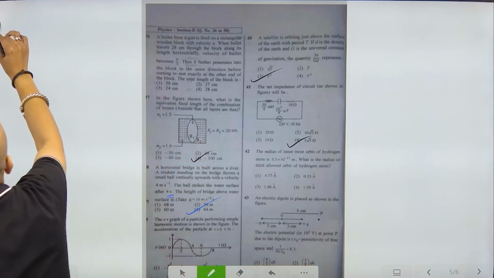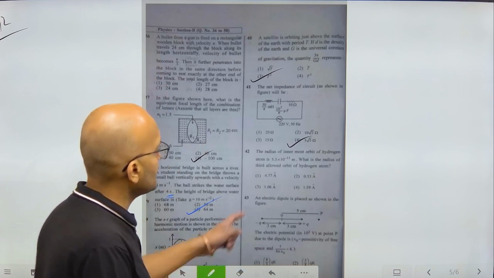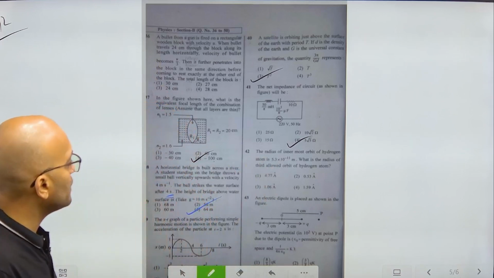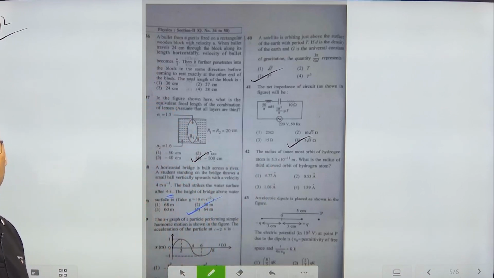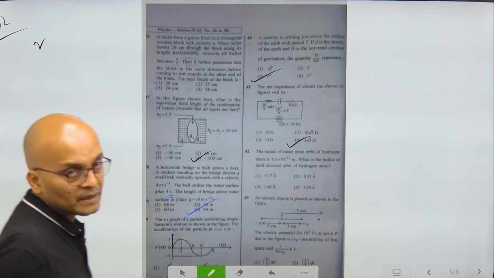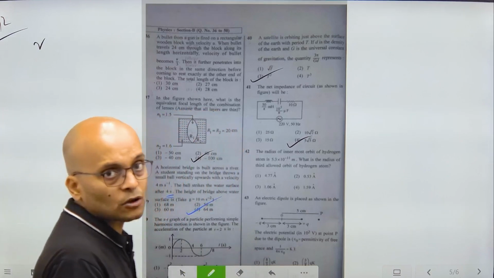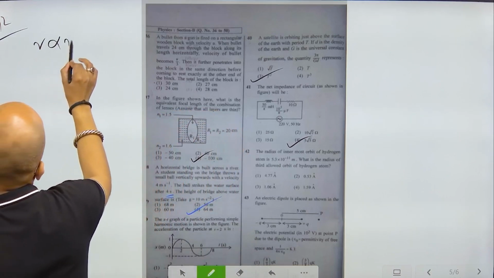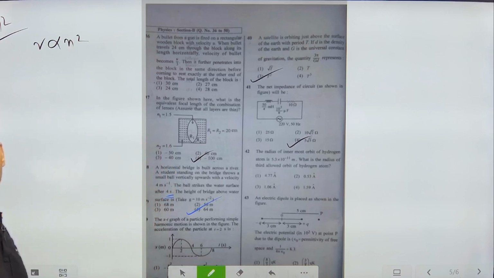Next question. It is saying the radius of innermost orbit of hydrogen is 5.3 into 10 to the power minus 11. Pay attention. Innermost orbit means ground state, first orbit, ground state. R is directly proportional to n square.